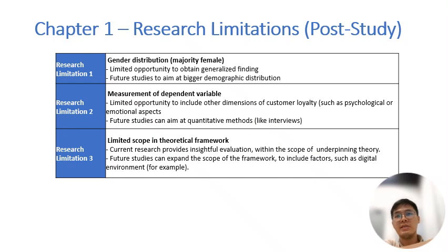Research limitations of the study. I would say that the first limitation is gender distribution, because here the majority are female. So for future studies, it's best to aim at a bigger demographic distribution.